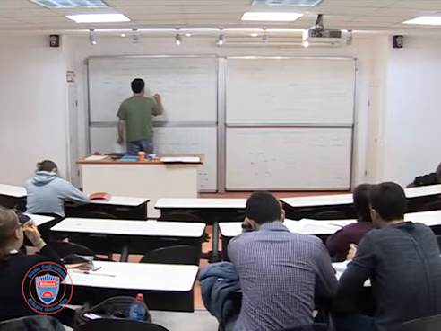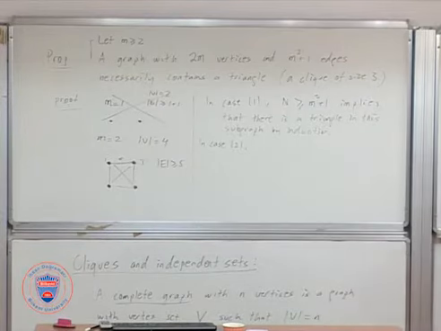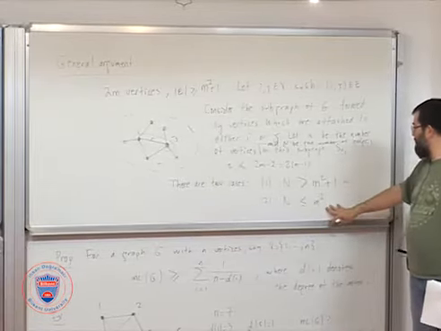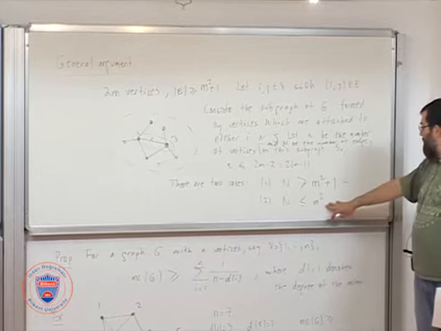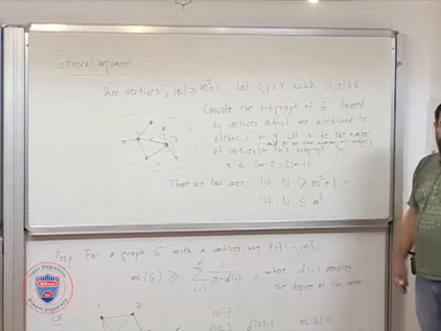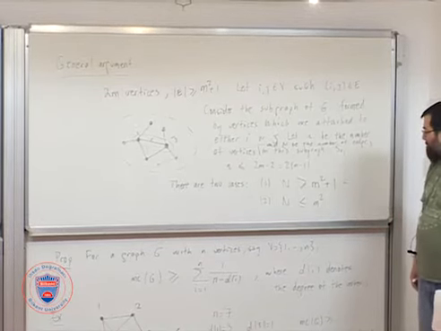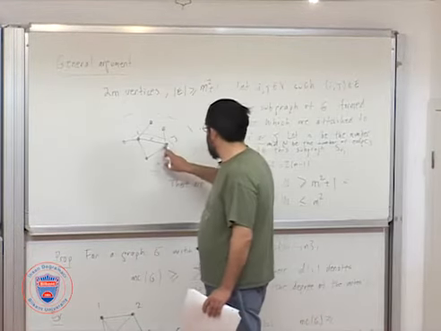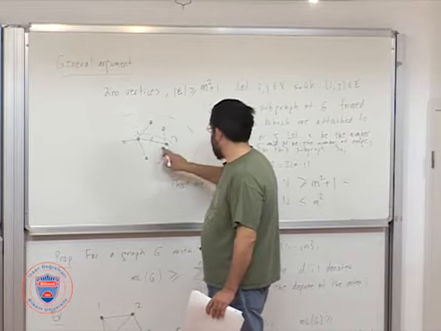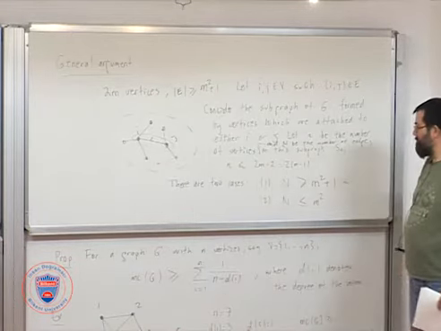So in case 2, we want to see something going wrong. We are assuming that the edges in this graph attached to i or j are less than or equal to m squared. So these are the edges that are attached to either i or j.